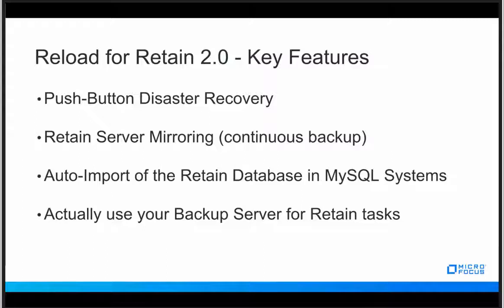So a continuous backup was very attractive to them, because instead of their backup being potentially 24 hours old, it's approximately 5 minutes old, because of the ability to mirror the data through the solution.